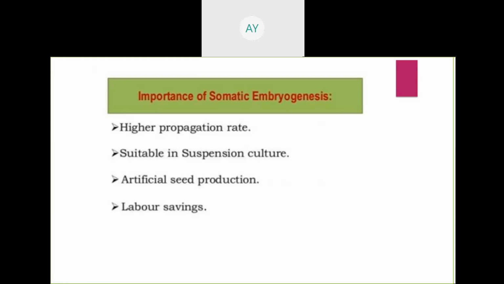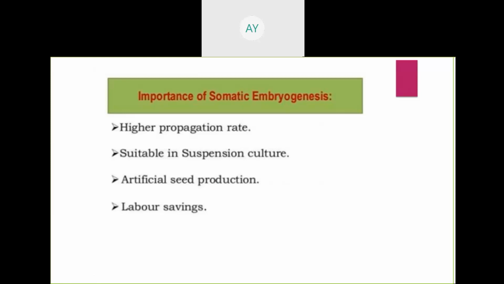I have already discussed artificial seed, meaning encapsulation with calcium alginate on the surface of the somatic embryo, that will act as an artificial seed.